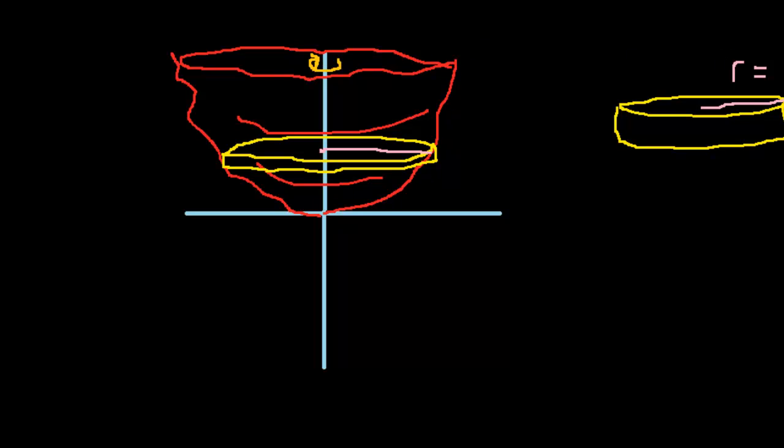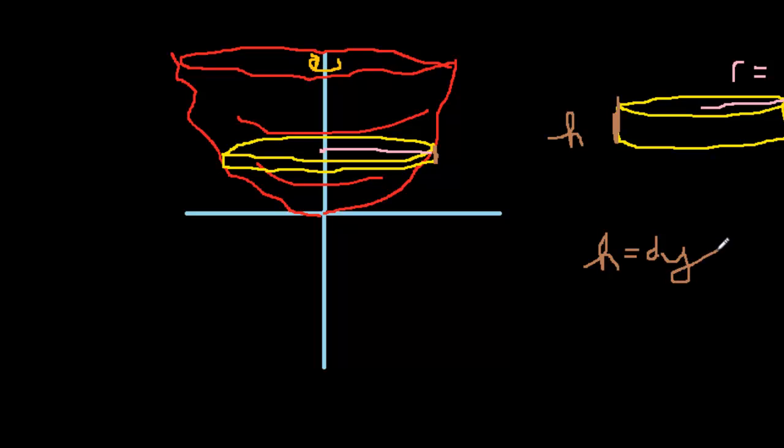And that is going to be the square root of y. So that's our radius, and that's this edge here of the curve. Then when we think about the height of our cylinder, the height is the change in y. It's how much we've changed in terms of y. So it's going to be dy.